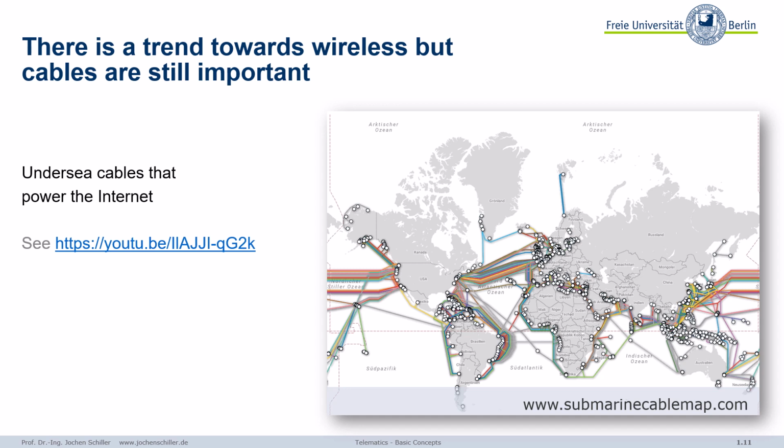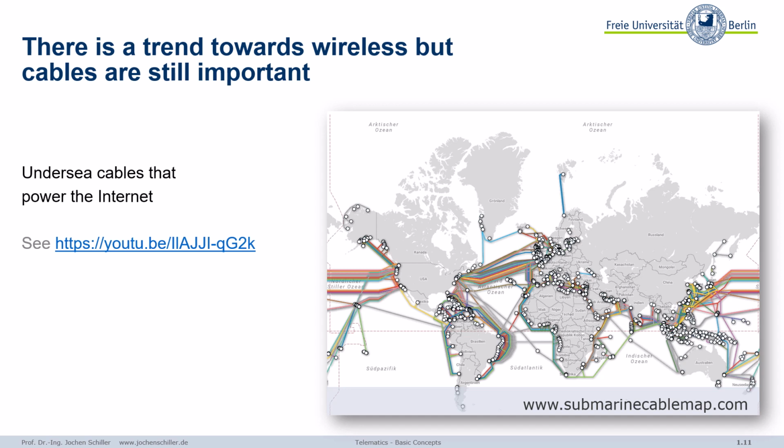But really to interconnect countries, continents, we need many undersea cables. And they basically power the internet. That's really the backbone. Yeah, we have some satellite in addition, etc. But this is where we have to rely on.